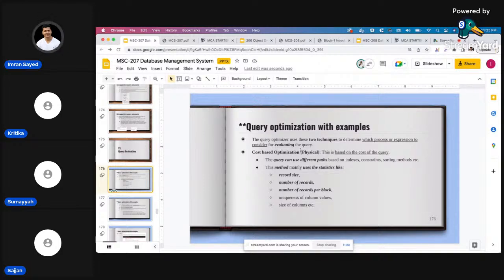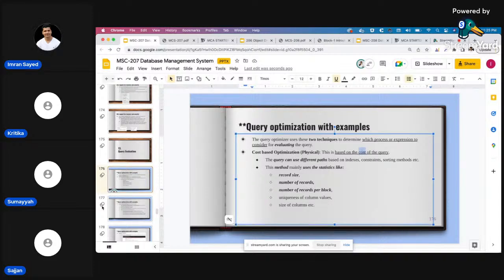So what will be the statistics? So it's going to check what is the size of the record, what are the number of records, what's the number of records per block, the uniqueness of the column values, size of the column. So it's going to look at that stats, and based on that it is going to do its optimization and see which is more expensive, basically. So it's basically to do with the cost, the expensiveness of the query.